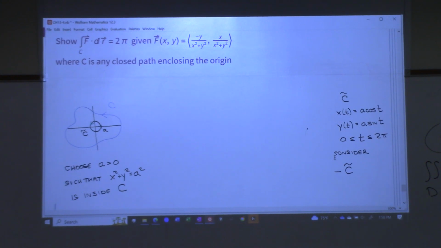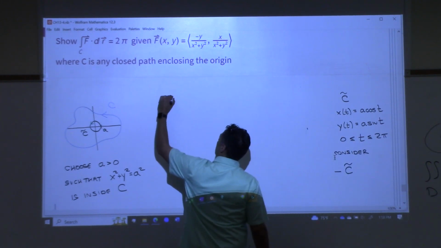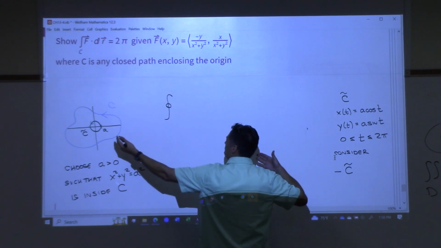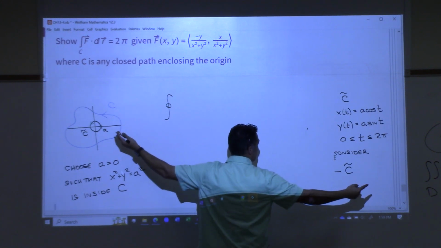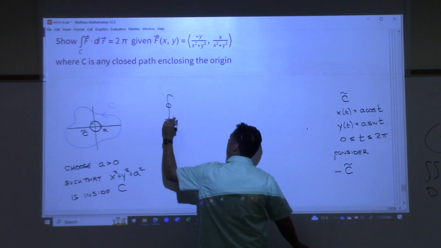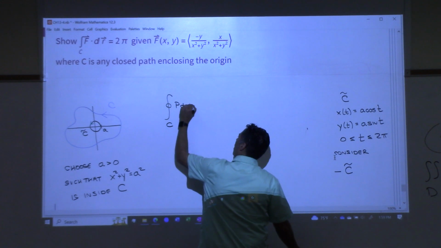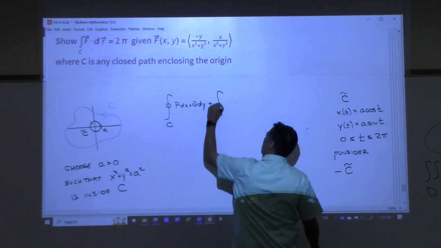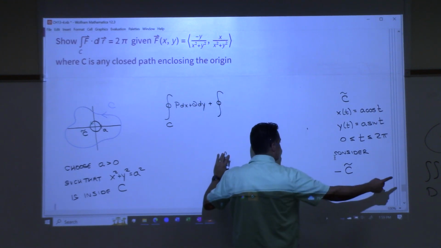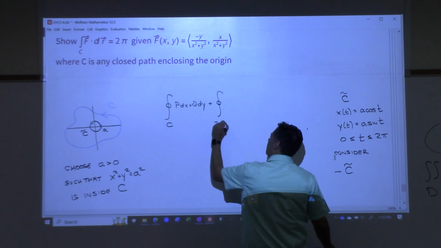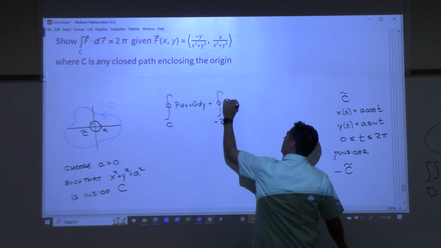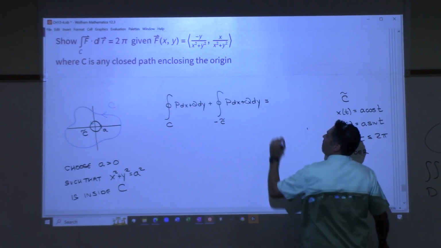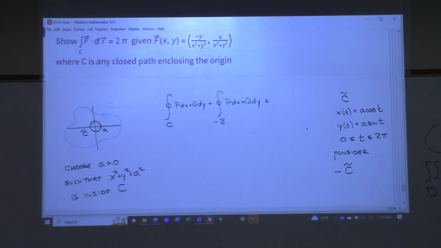We have that the line integral over C1, what's C1 for us over here on the left? C, of P dx plus Q dy, plus the line integral over negative C tilde of P dx plus Q dy, must be equal to this double integral, right?